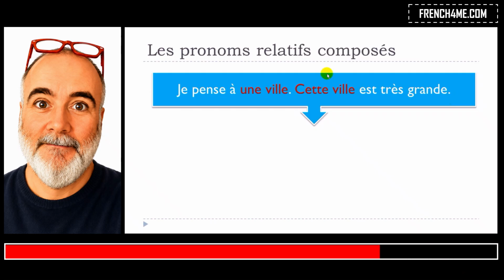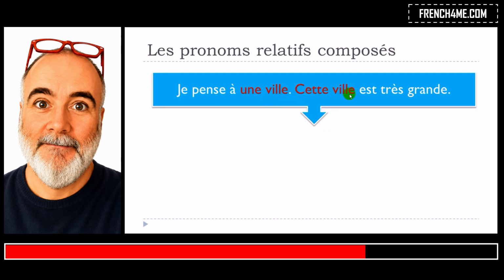In this case, we've got une ville and cette ville here. We don't want to repeat this ville, so the idea would be to merge these two sentences into one, without this repetition.